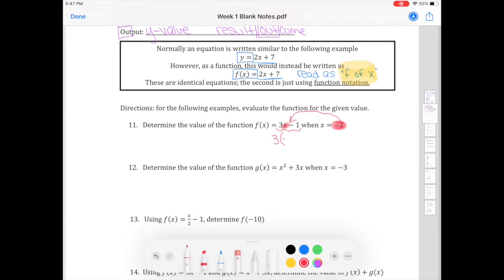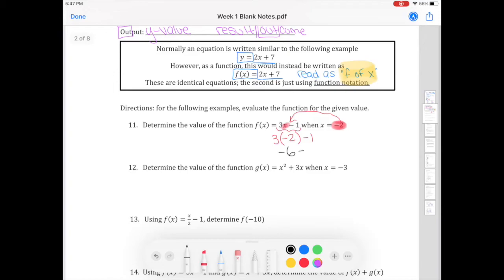So the 3x minus 1 is going to change up a little bit. Where I see an x, I'm going to substitute or plug in the negative 2, and everything else is going to come down. Now you're going to PEMDAS that. I have multiplication. Remember, these are not parentheses in PEMDAS. You don't do that first. That's considered multiplication.